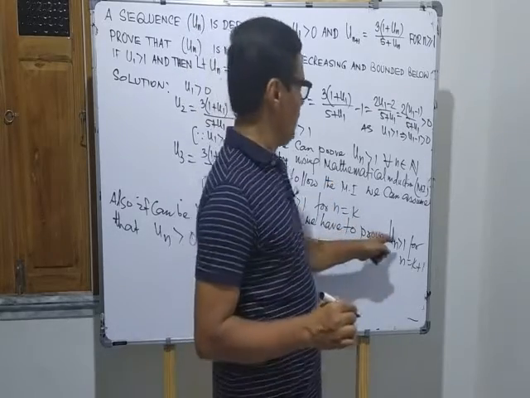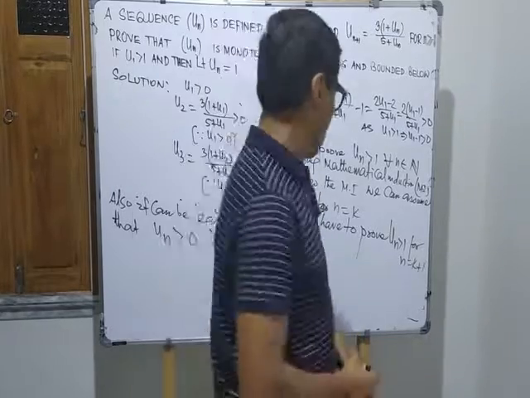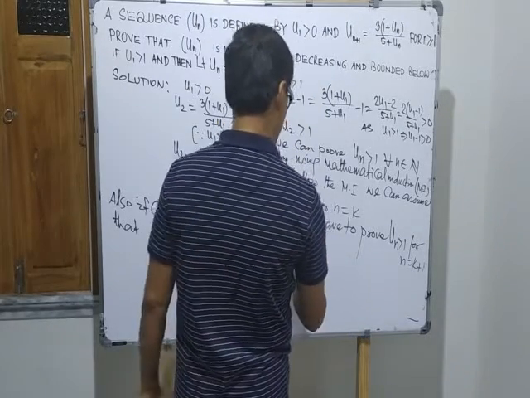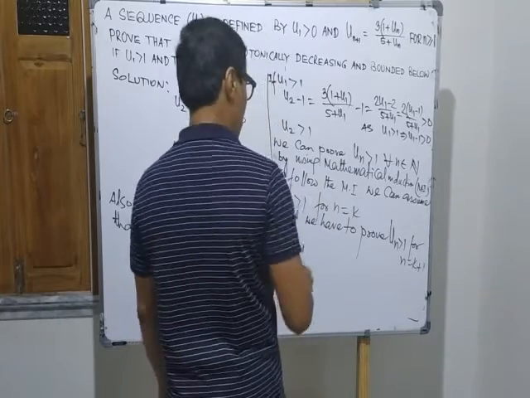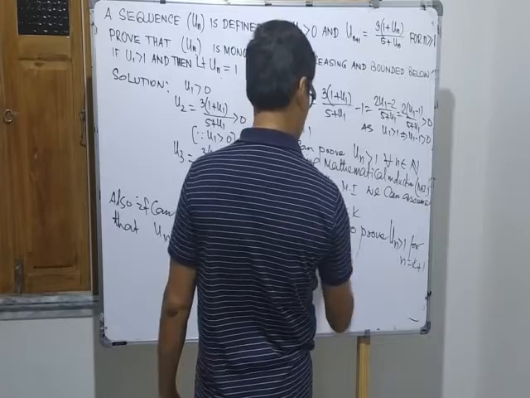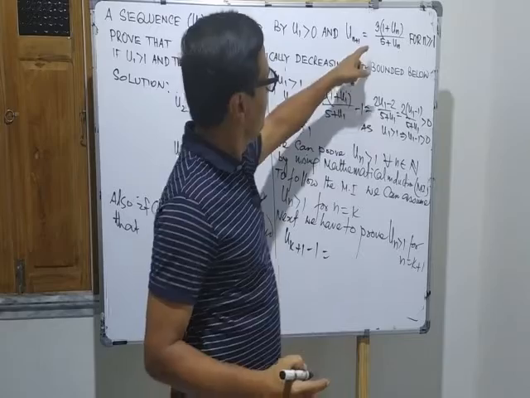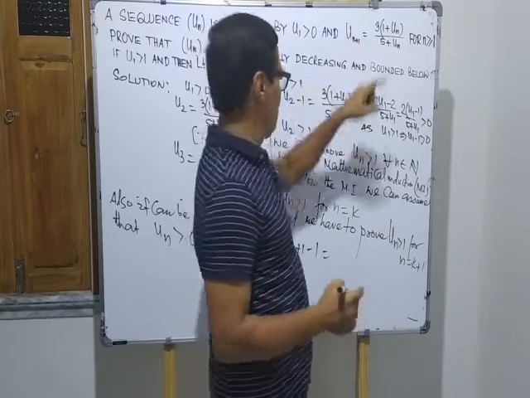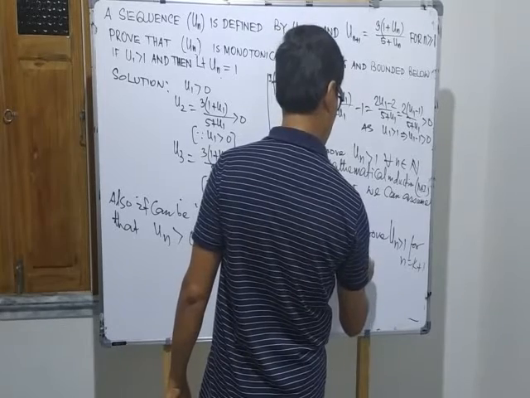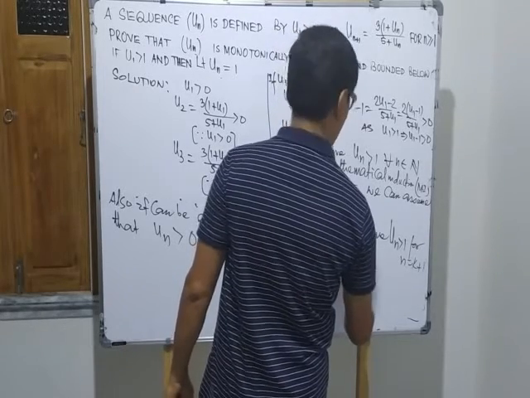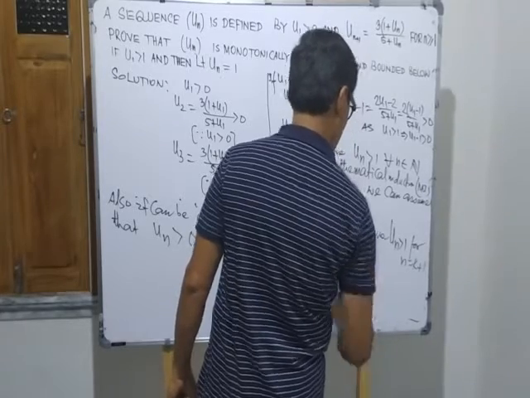We have to prove u_n greater than 1 for n equal to k plus 1 is true. Now u_(k+1) minus 1 equal to, u_(k+1) is taken from this relation, u_(k+1) equal to 3 times (1 plus u_k) over (5 plus u_k).